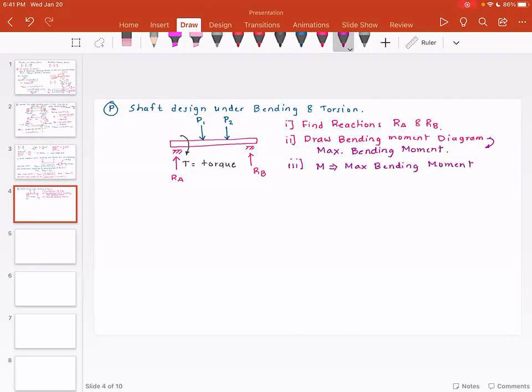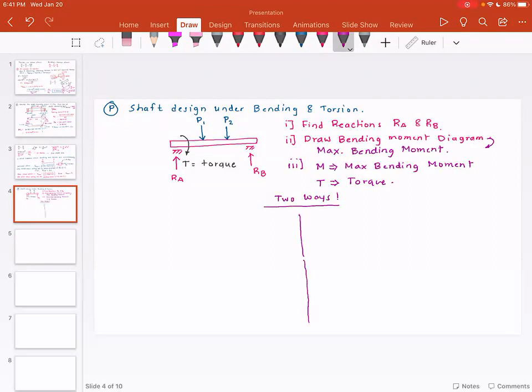And then I'm going to say T is the torque. At this stage, there are two ways to solve this problem. And both of these will give you the exact same answer.